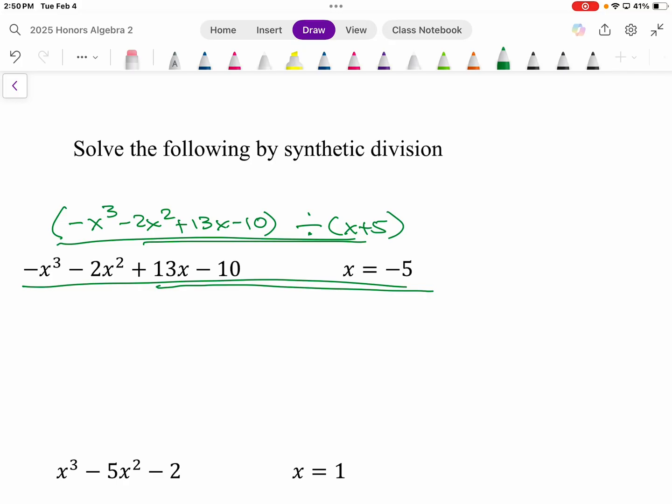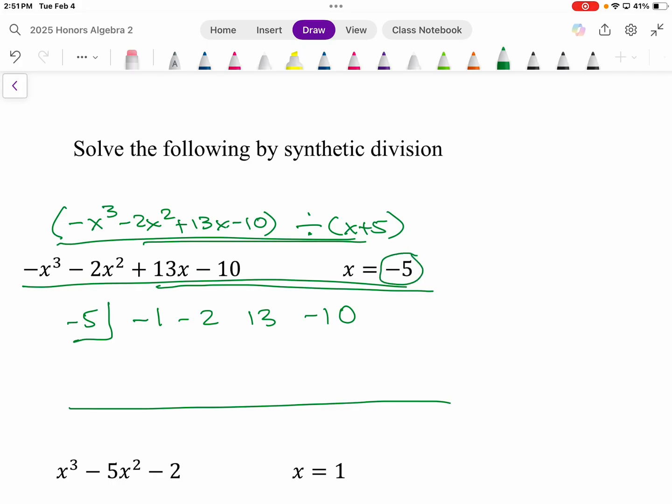So this is telling me to go ahead and set up my synthetic division: -1, -2, 13, and -10, and -5 goes in the house, in front. When it's not a binomial and it says x equals, you take that exact number and put it in there.